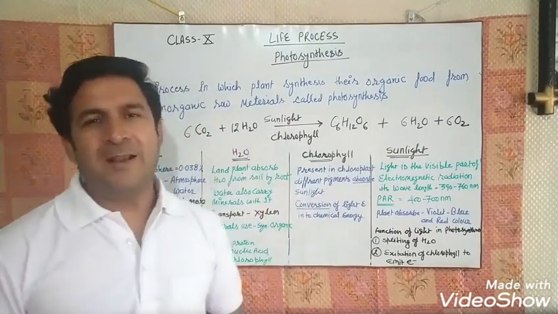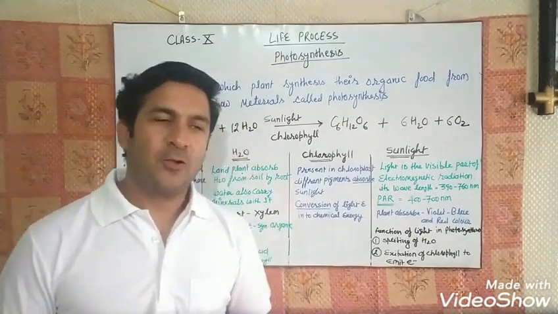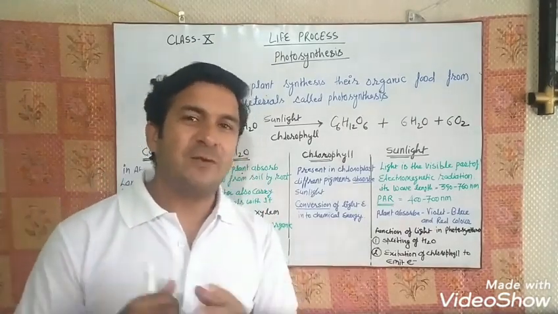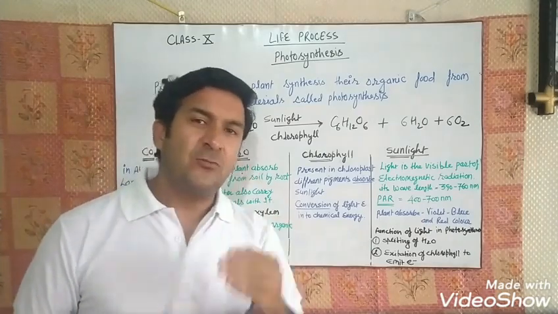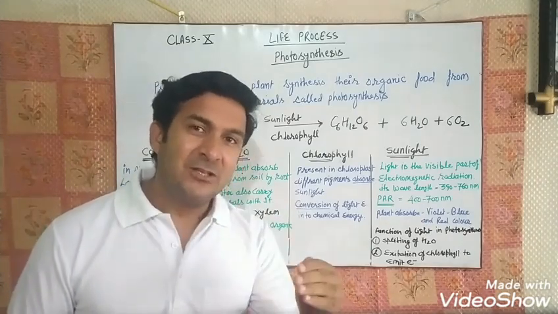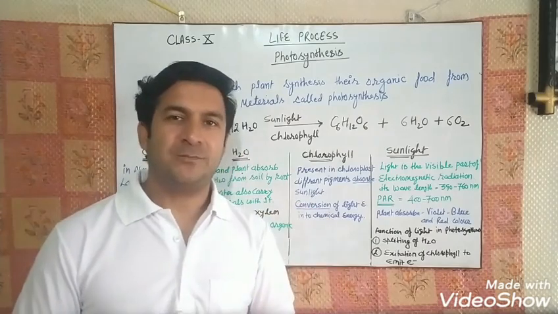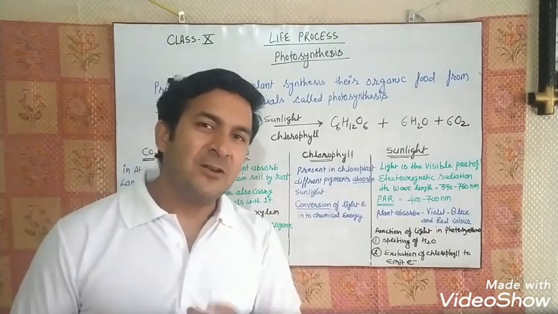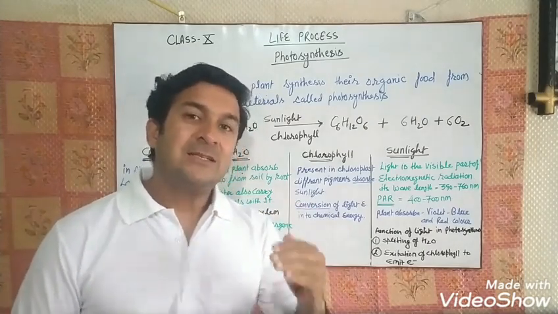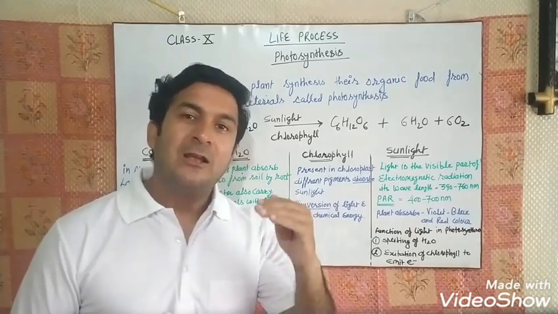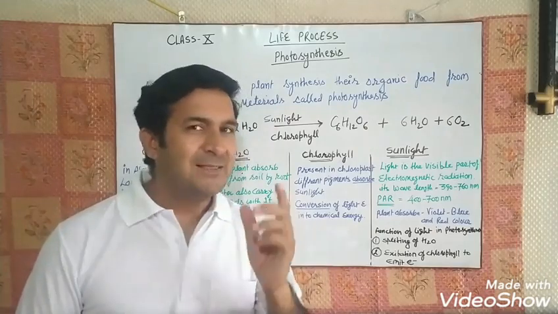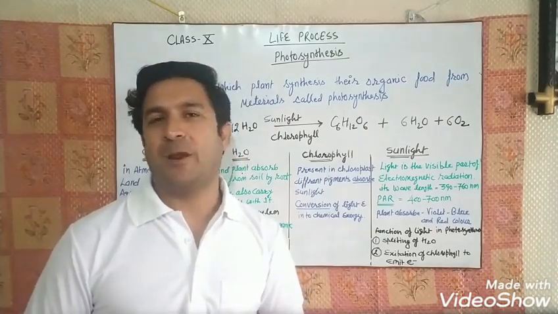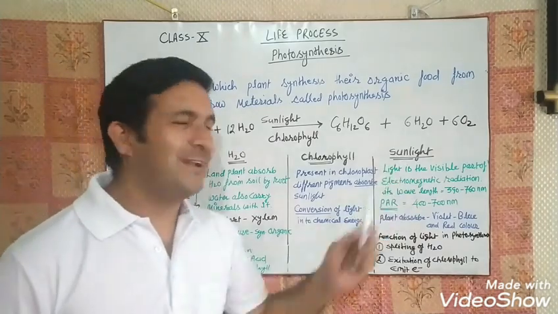This colorful pigment has two main functions. Okay, first, it absorbs the sunlight. Okay, and second, it converts the light energy into chemical energy. This is called the conversion. Here the chlorophyll converts the light energy into chemical energy, and that chemical energy is utilized by the plant for photosynthesis. And now we will discuss the sunlight.